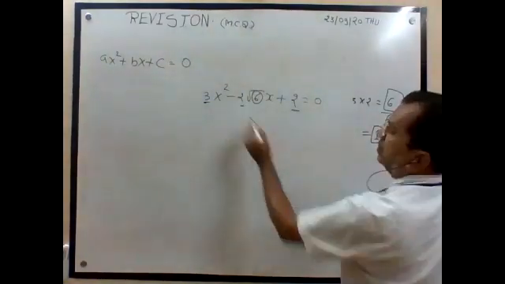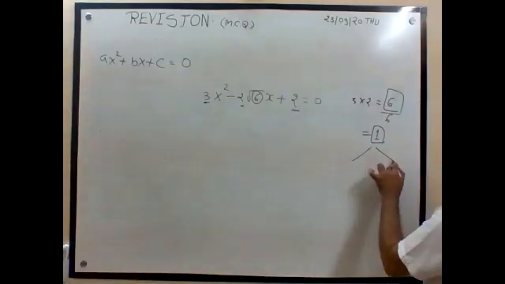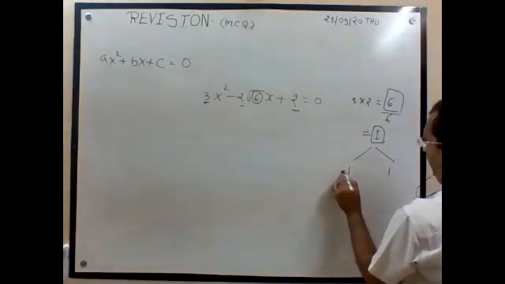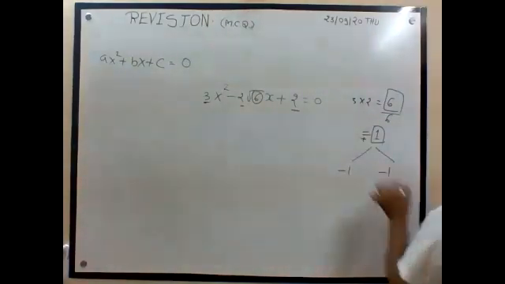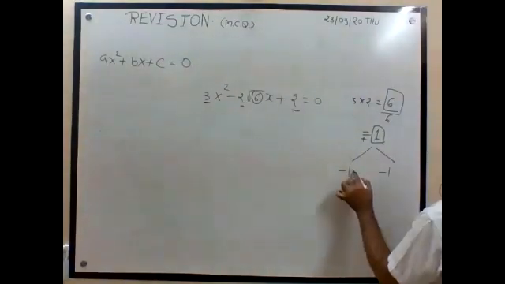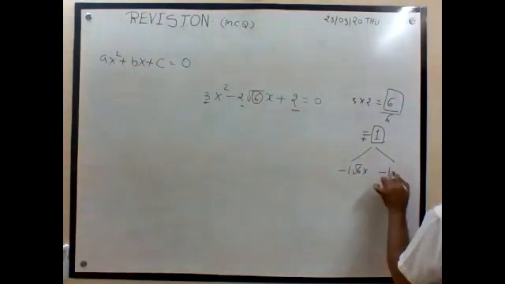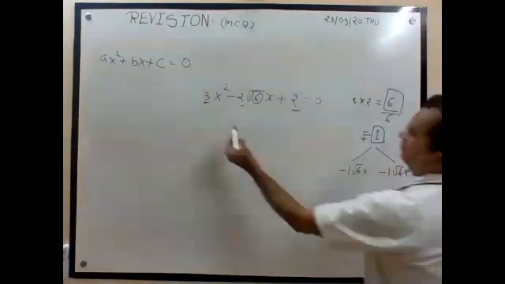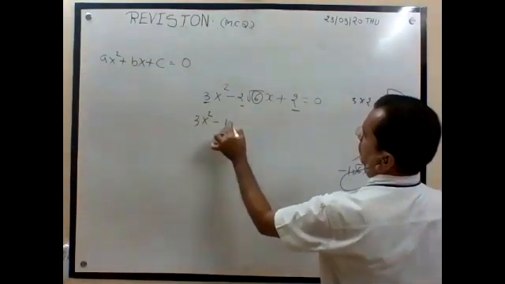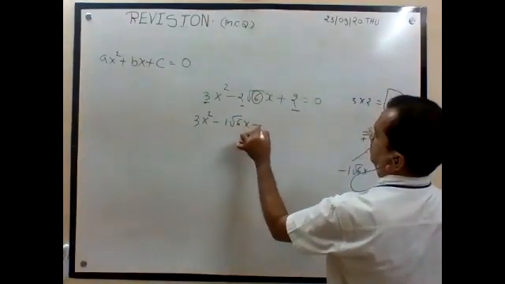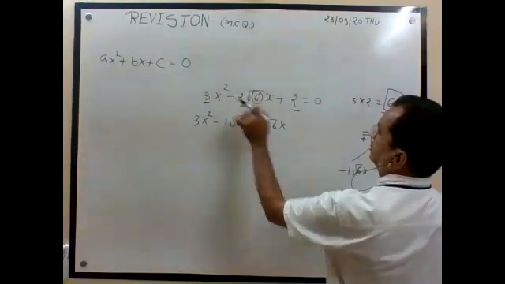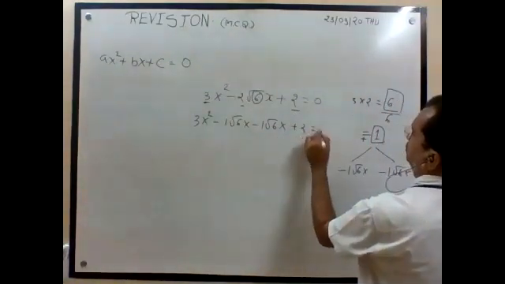From 1 I want 2, and I want minus 2, so minus 1, it will be plus. And 1 root 6 x, 1 root 6 x will be the factors. 3x square minus 1 root 6 x minus 1 root 6 x means minus 2 plus 2 is equal to 0.